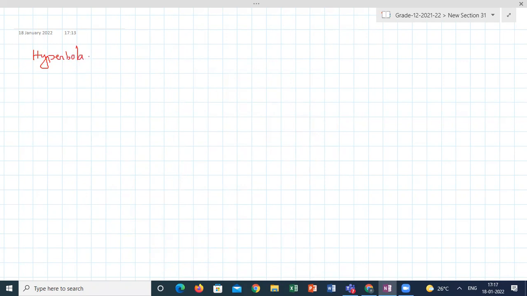Another definition of hyperbola. Anyone can define the ellipse from the plane geometry point of view? Students, what is the definition of ellipse?